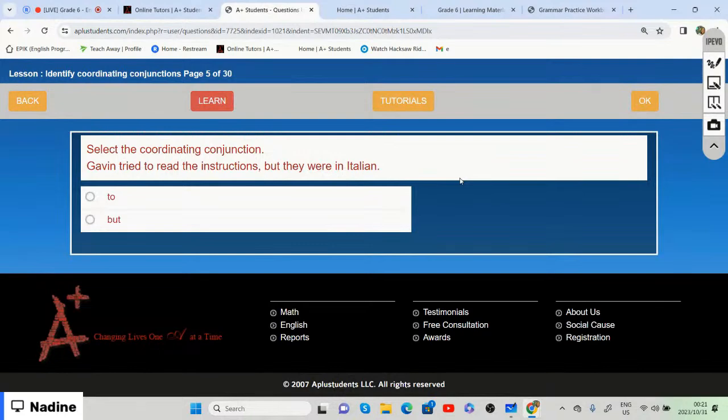Gavin tried to read the instructions, but they were in Italian. So if we select the coordinating conjunction, is it "to" or is it "but"?